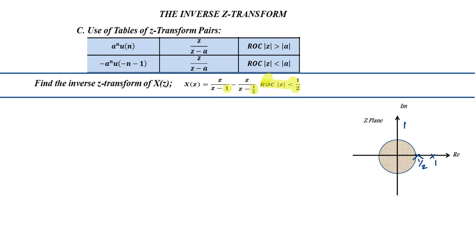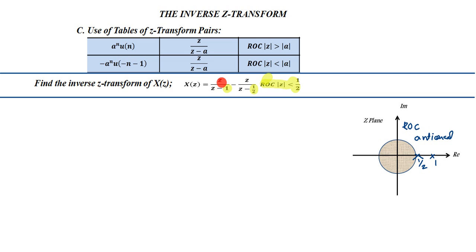And this ROC is actually representing the anti-causal part. If it is an anti-causal signal, now we need to decide one thing, which is very important.